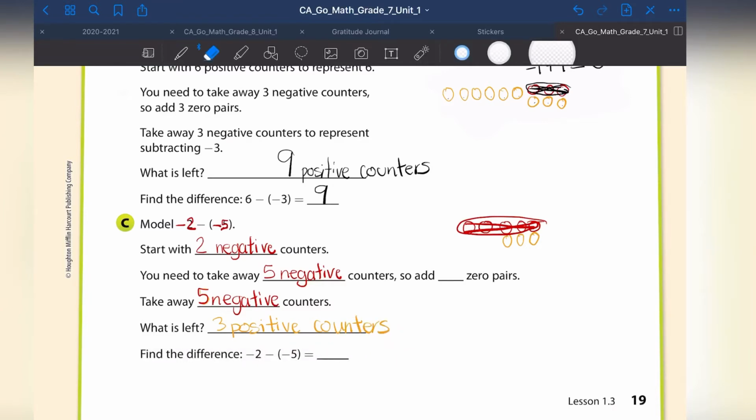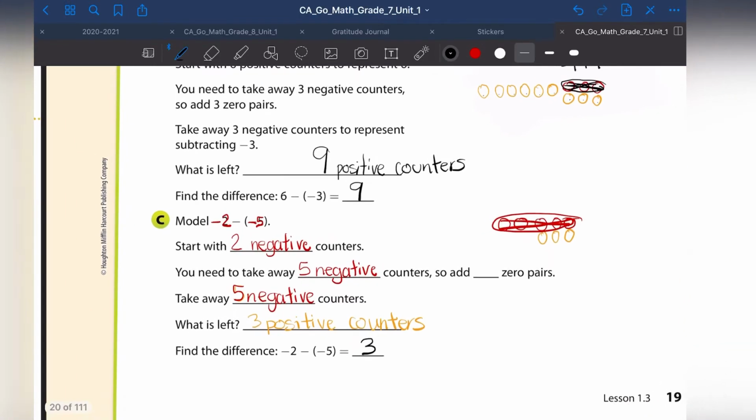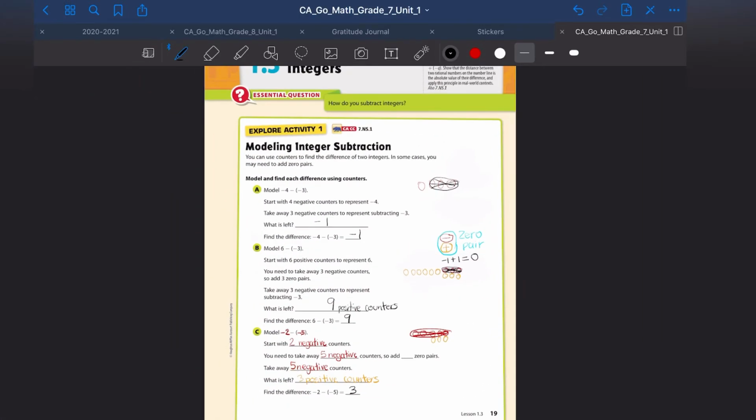Find the difference of negative 2 minus negative 5. And the answer is positive 3. Okay, so in the first strategy, we learned that we have to add 0 pairs to be able to subtract when we don't have enough negatives.